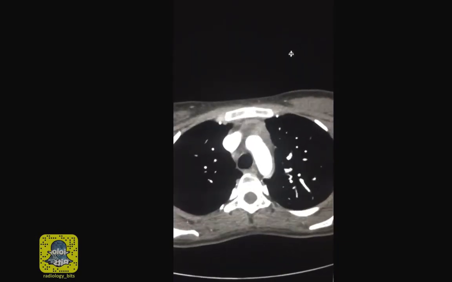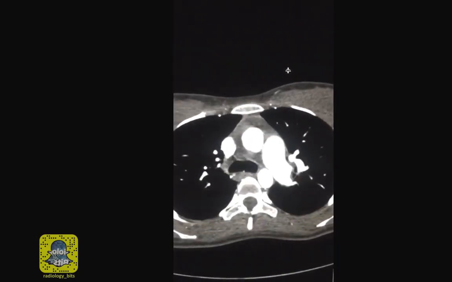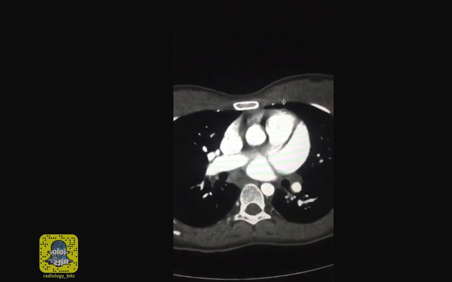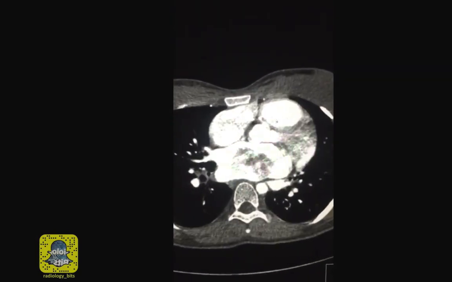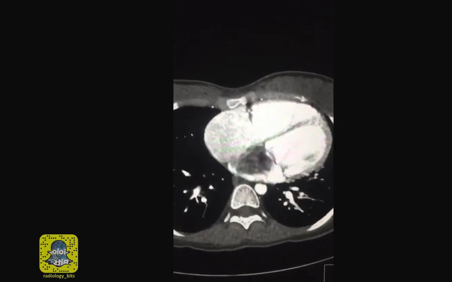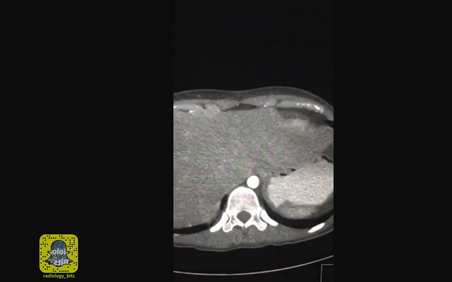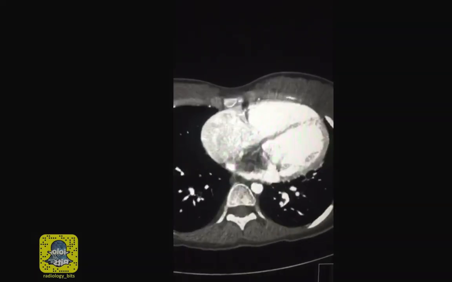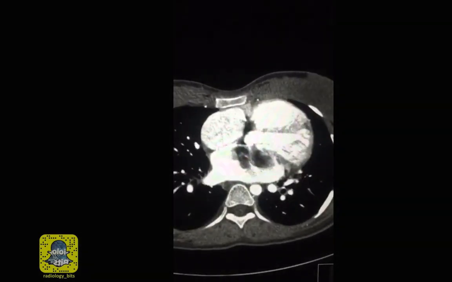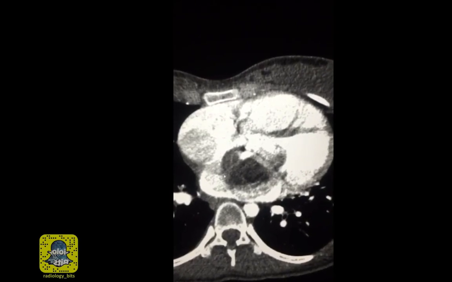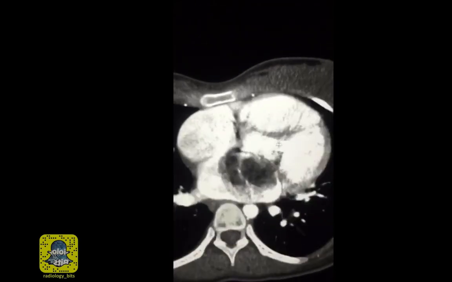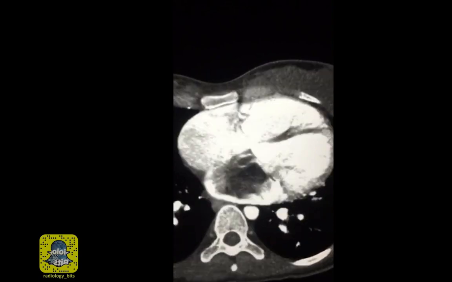Let's look together at the soft tissue part of the examination. Now you notice that you have this large, low-density filling defect within the left atrium, which is dilated.